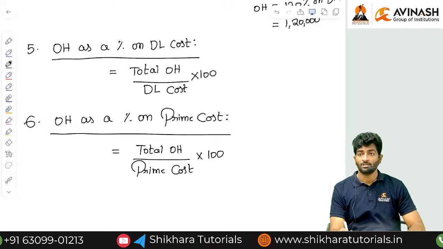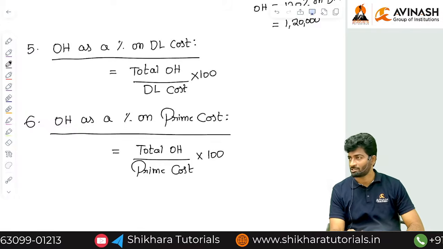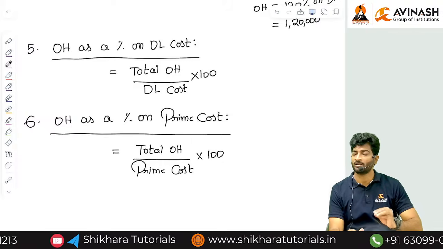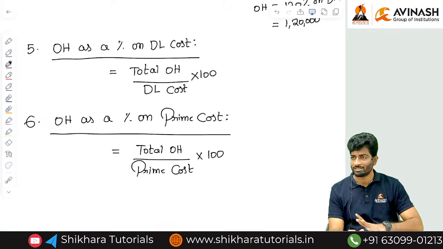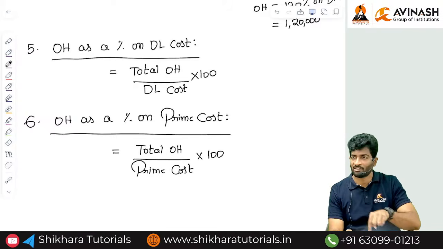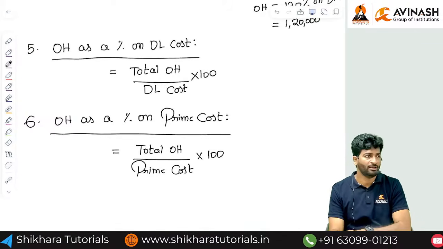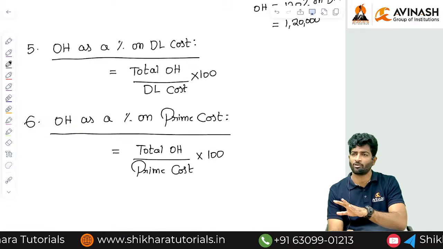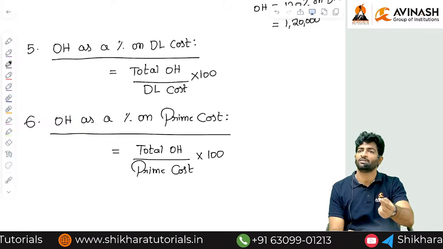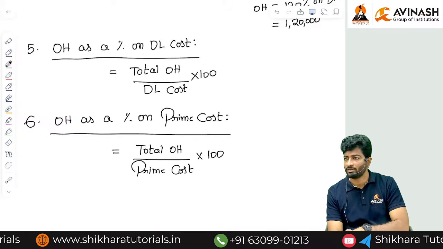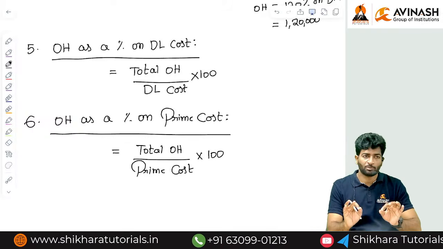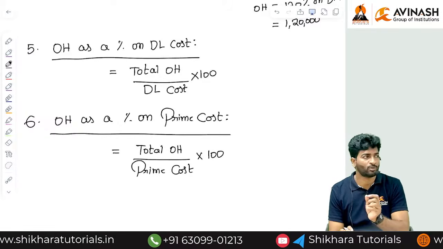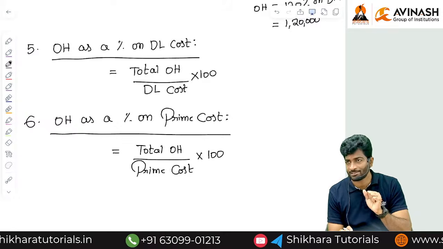Even though they are mentioning only 6 methods of absorbing overhead, apart from these 6 methods, we are going to use sometimes a percentage of factory cost. I don't think that factory cost is covered under these 6 methods, but they will give you, right? And they will say administration overhead or selling and distribution overhead equal to some 80% of cost of production. We feel like it is information given in the problem, that is the reason we are calculating, but that calculation is known as absorption.